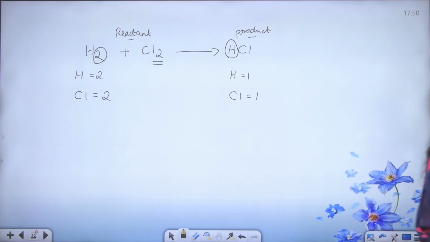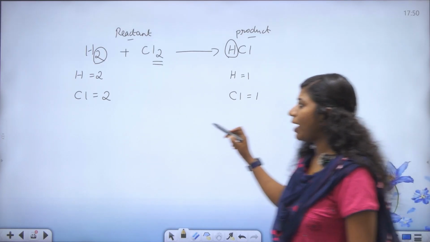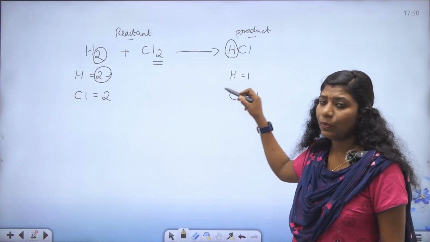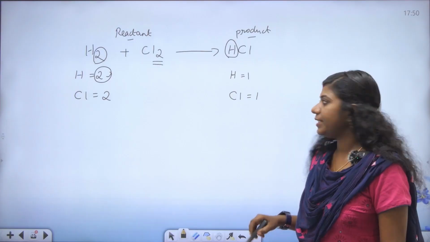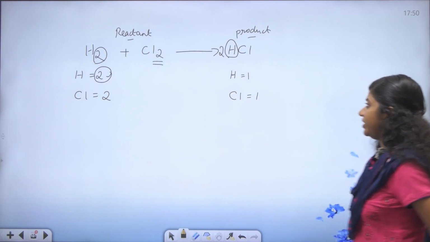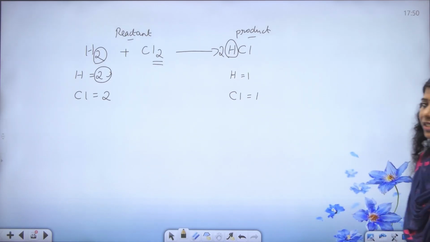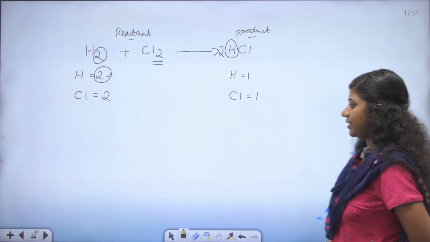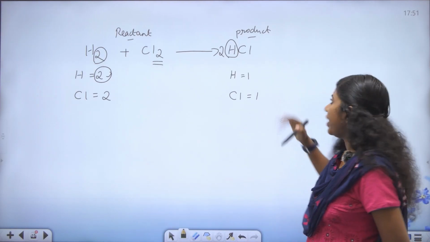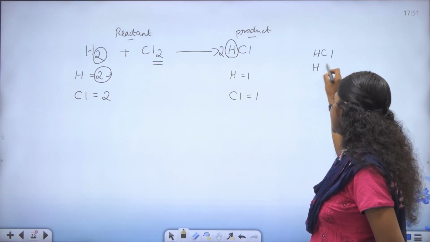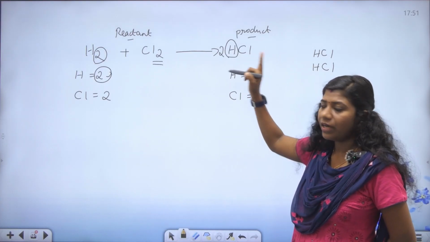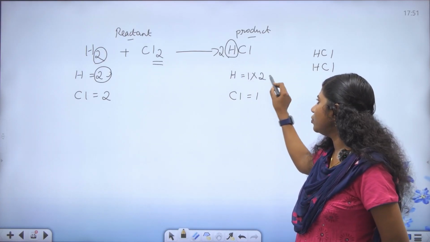Then balance the equation. On the reactant side, the number of hydrogen atoms is 2, but on the product side, the number of hydrogen atoms is only 1. How to balance? I will put 2 here: 2 HCl. 2 HCl means 2 molecules of HCl. 1 HCl contains only 1 hydrogen atom, so 2 into 1, 2.